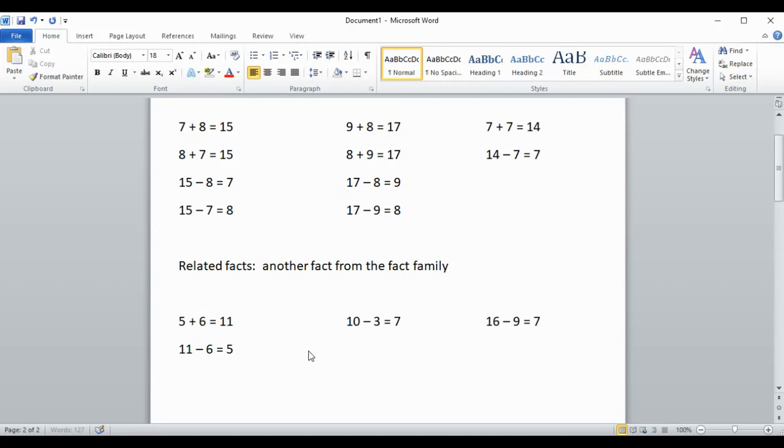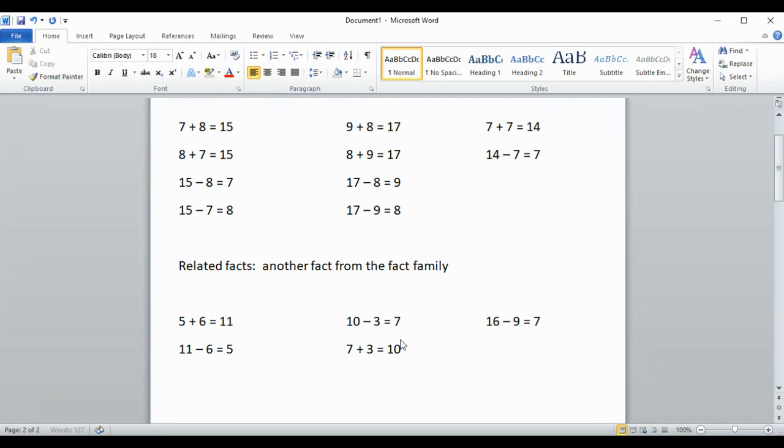So if we're going to do this one over here, we start with 10 minus 3 is 7. And if our goal or our assignment is to write a related fact to this, well, I could say 10 minus 7 equals 3, or I could say 7 plus 3 equals 10, or I could say 3 plus 7 equals 10. Any of those is going to be a related fact to this one up here.